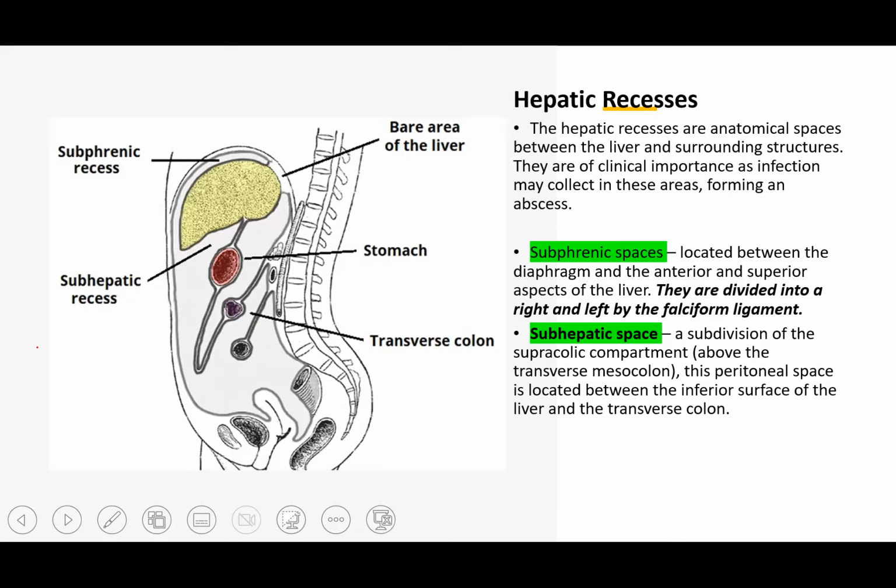Now, you should know of all these, the deepest is the Morrison's pouch when a patient is lying in supine position. So, let's see these various spaces.